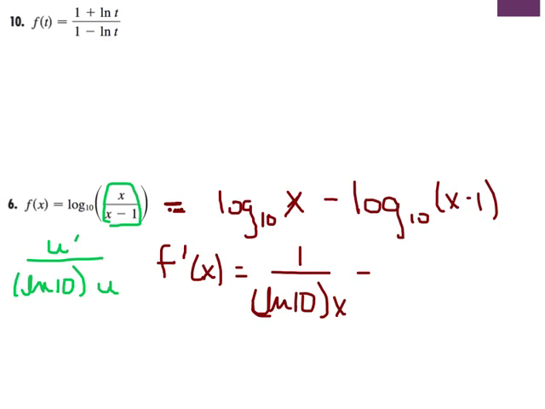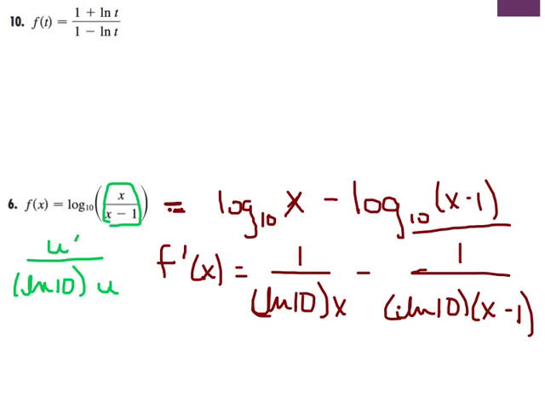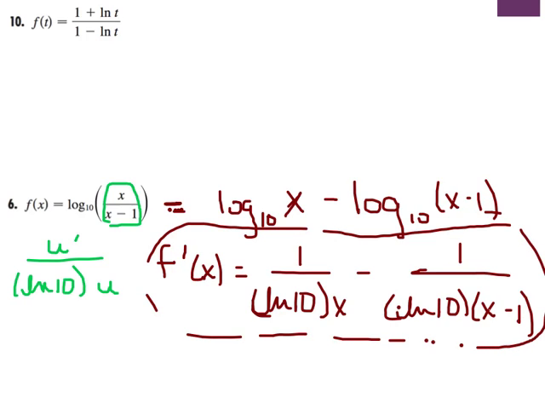However, at least the u prime is still, the derivative of that numerator is just a 1. And I have my ln 10, and I have my u. And you could get a common denominator, but quite often you don't even see a common denominator. And that's your answer.